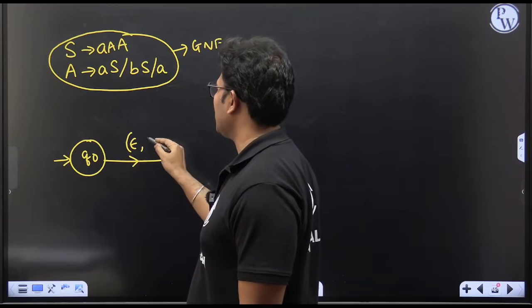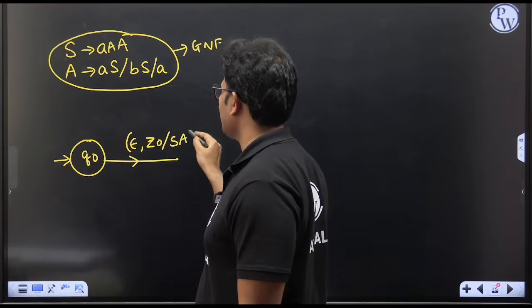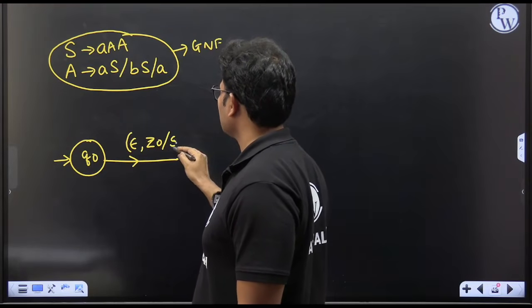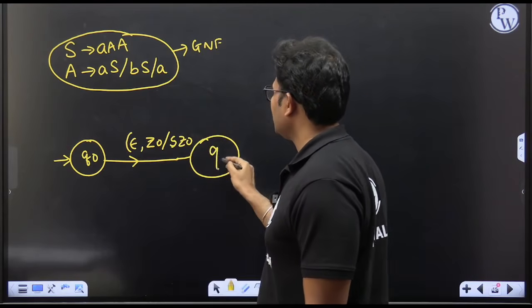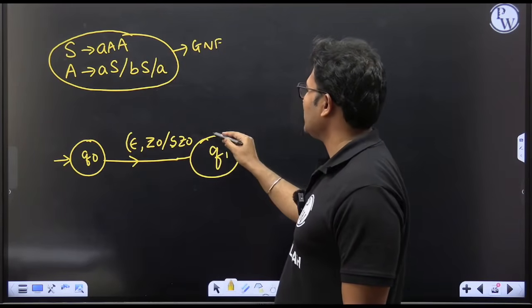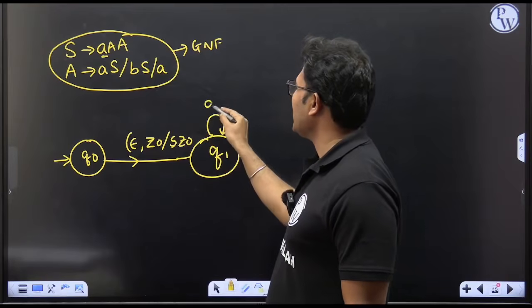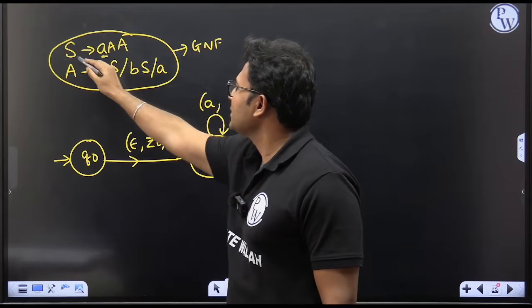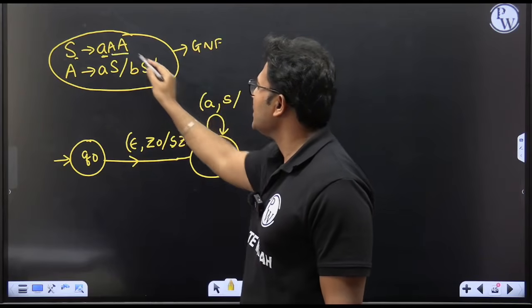If Z0 is on top of the stack, just push S, and you go to next state Q1. Stay in Q1 and do all these productions. So if the input is a and top of the stack is S, replace S by AA.